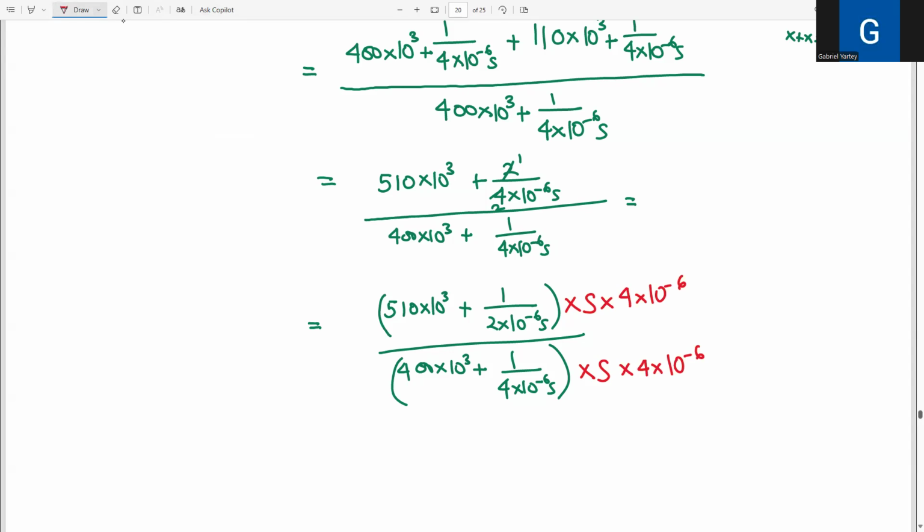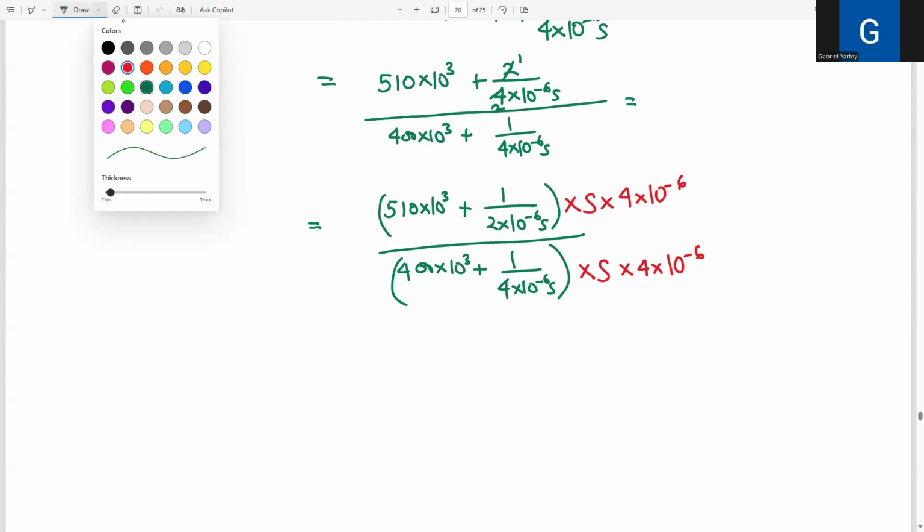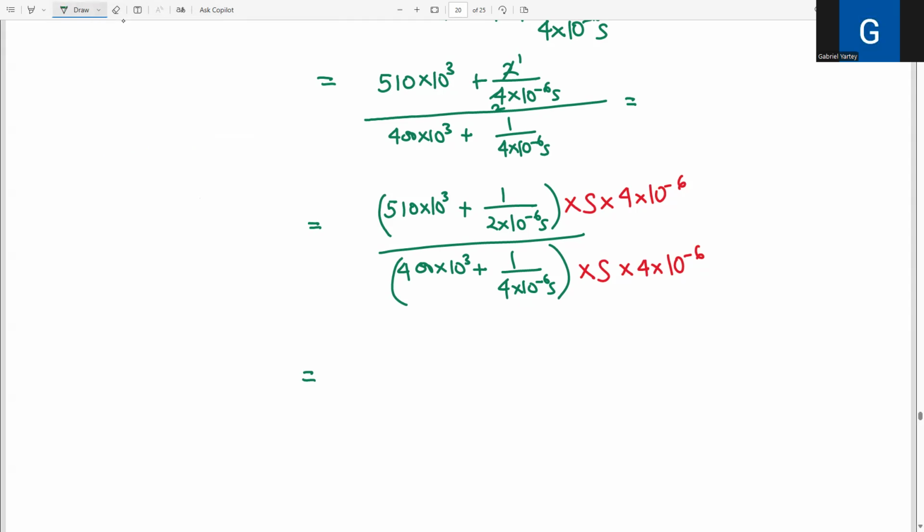Okay. So if I go through with it, let me take the calculator. I get 510 times 10 to the power 3 multiplied by s times 4 times 10 to the power minus 6, plus this. The s here cancels the s here.